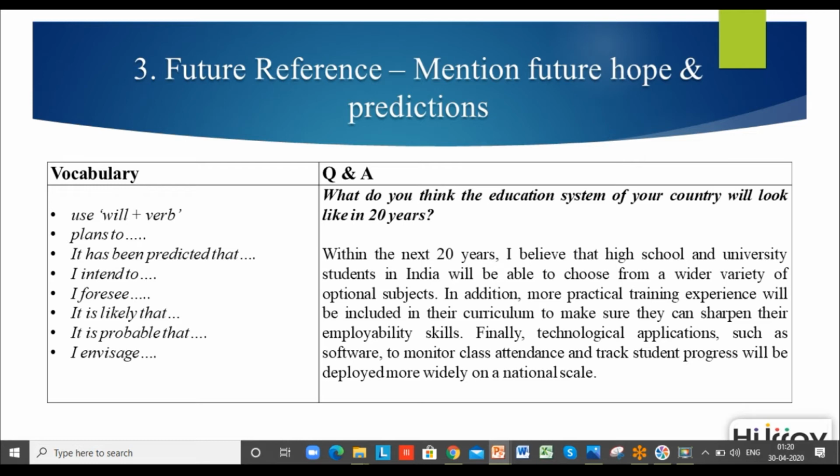In addition, more practical training experience will be included in their curriculum to make sure they can sharpen their employability skills. Finally, technological applications such as software to monitor class attendance and track student progress will be deployed more widely on a national scale.